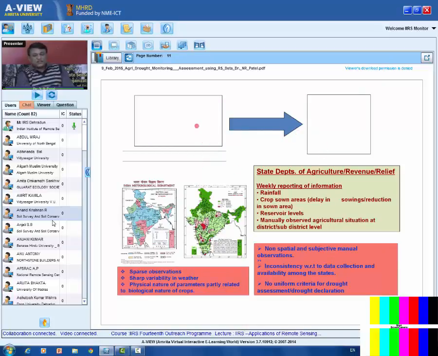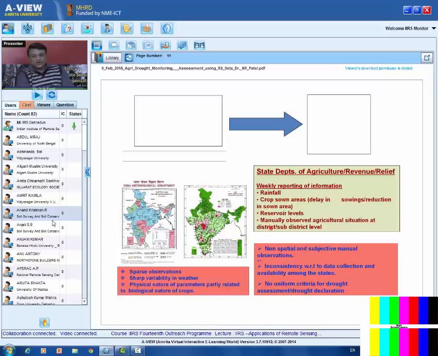In this case, mainly rainfall, delay in or reduced sown area, lack of rainfall, crop sowing condition. These are the different criteria which are useful for drought monitoring. This is the traditional kind of drought monitoring where rainfall, crop sown area, reservoir levels are the different indicators used over the period.